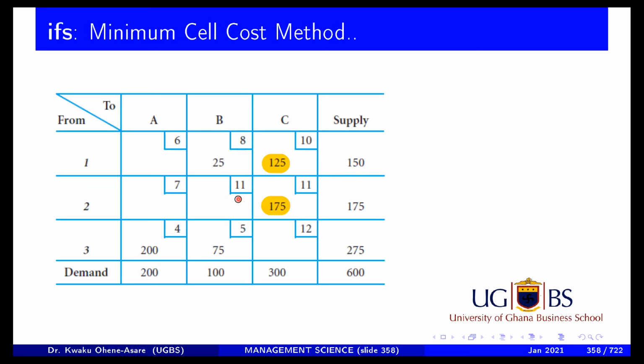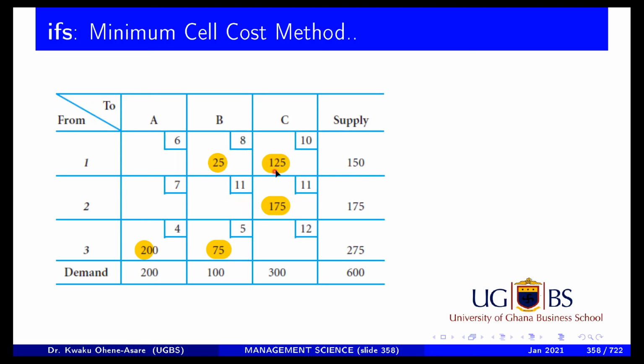Now that we've done that, we started with the minimum cost, and then we searched, making sure that we are satisfying supply and demand every time. We searched and searched until we got that. So at the end of the day, we are going to have these items multiplied by the respective costs, and then we'll be able to know the overall minimum cost, the total minimum cost that will be generated right here.